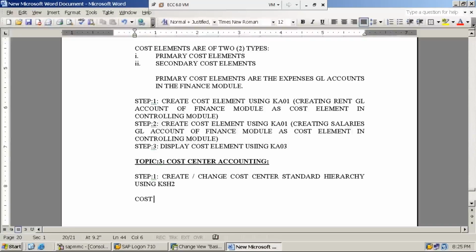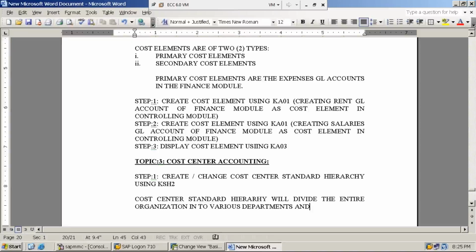Okay. So the cost center standard hierarchy will divide the entire organization into various departments and sub-departments for the purpose of controlling the cost.